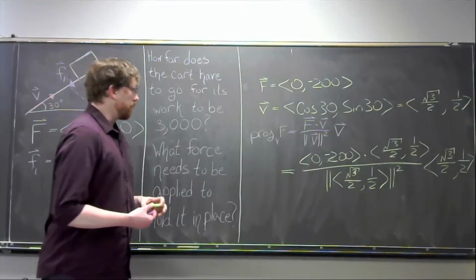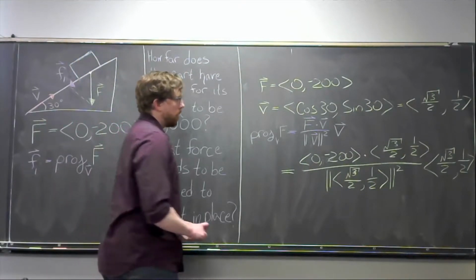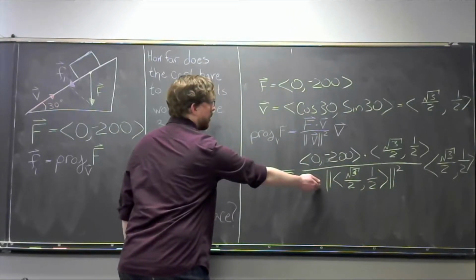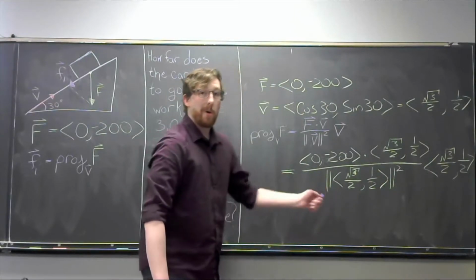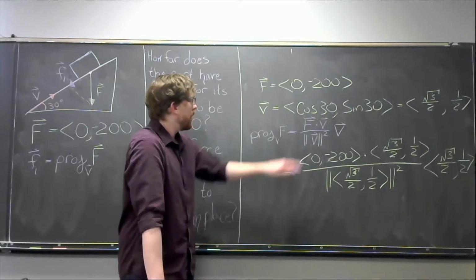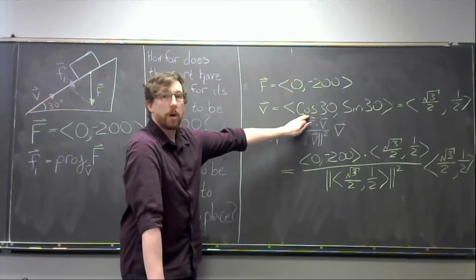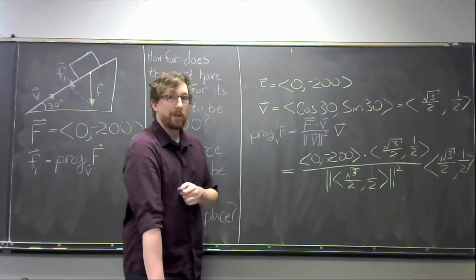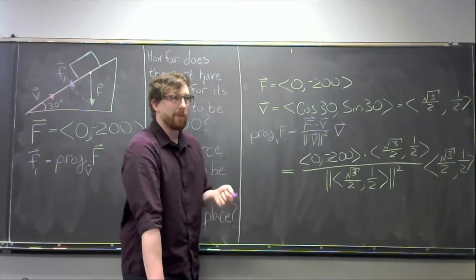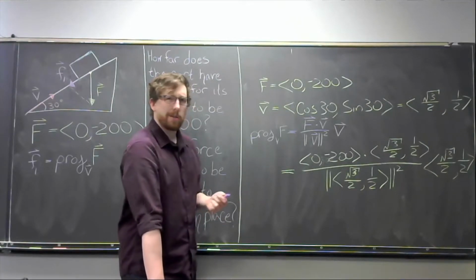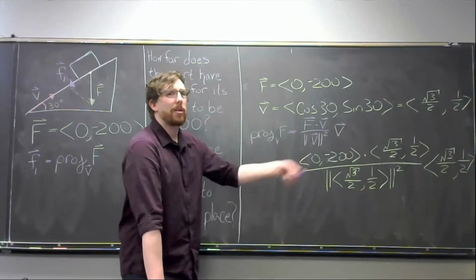So notice here, our denominator, when we calculate the magnitude, it's just going to be cosine squared plus sine squared, right? Well, that's going to be equal to 1 squared. And 1 squared, last time I checked, is just 1. So our denominator automatically becomes 1.